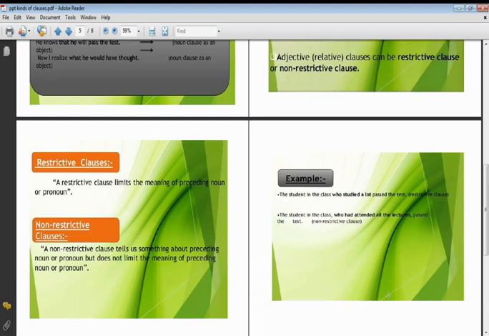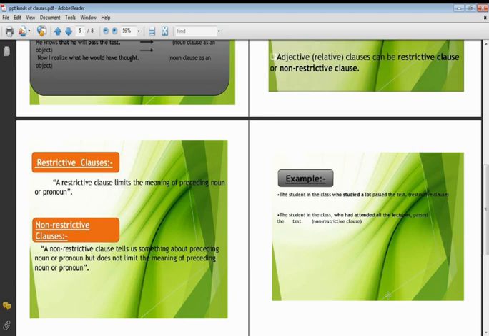On the other hand, the non-restrictive clauses or non-essential clauses are just there in the sentence to give some more information about the noun. Otherwise, we can easily take them out of the sentence, and without them, the sentence would again be complete. Suppose you can see in the next example, "The student in the class, who had attended all the lectures, passed the test."